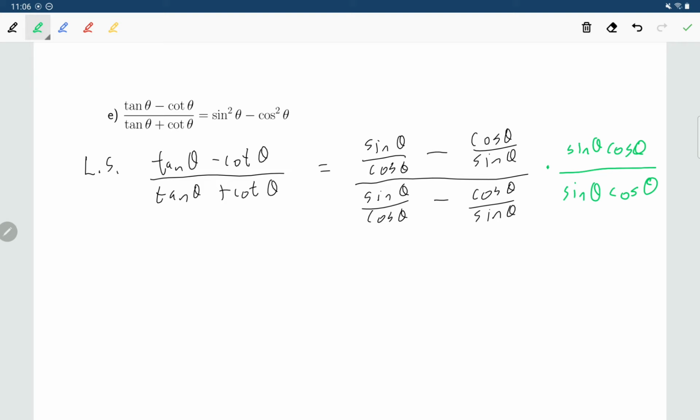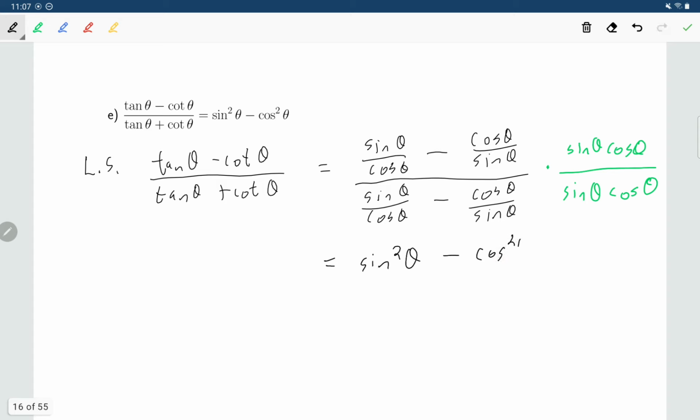And so in the first term, when I multiply it by that common denominator, the cosines will cancel, leaving me with just sine times sine. So I'll have sine squared. In the second expression, the sines will cancel, leaving me with cosine times cosine, or cosine squared.